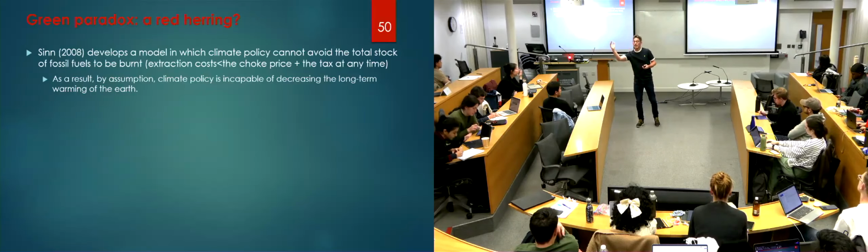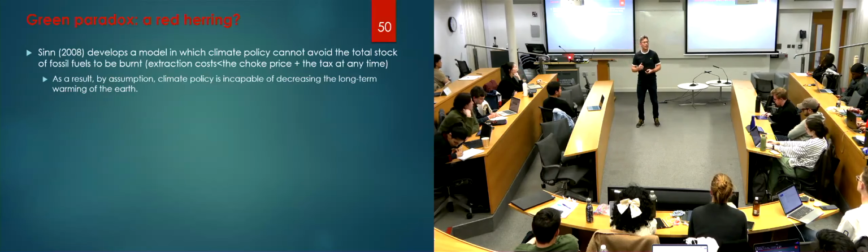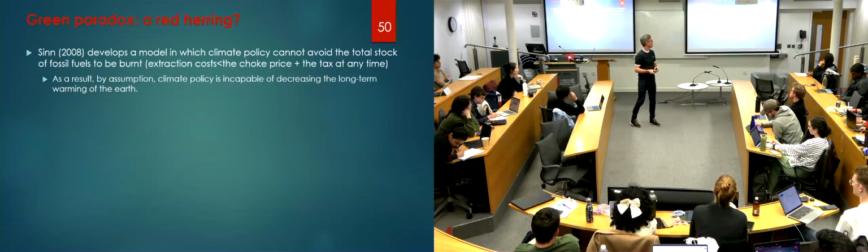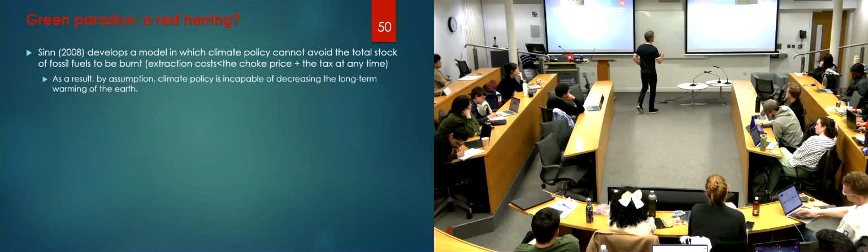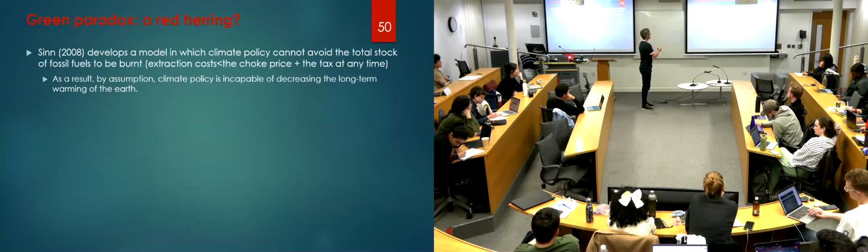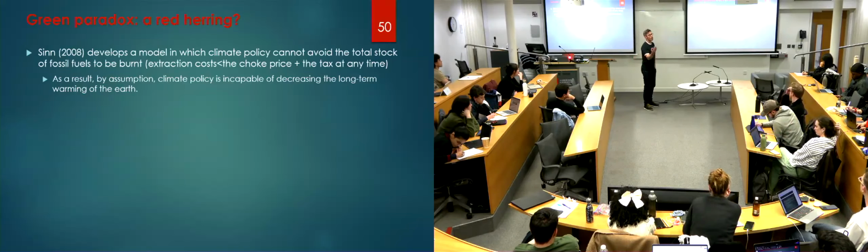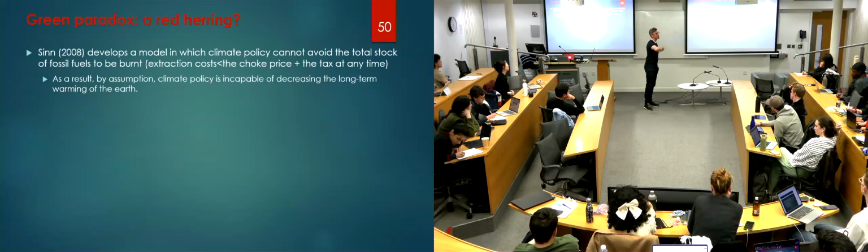Owners know that the end of oil is in sight and they want to sell more today. As a result, climate policy is counteracted by the feedback from the supply side.